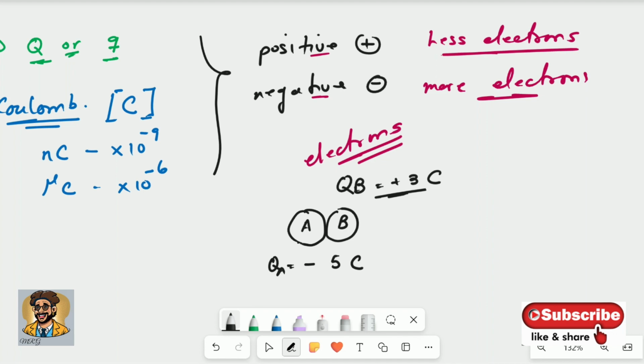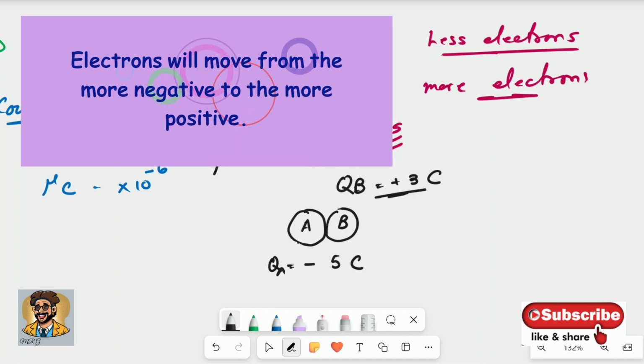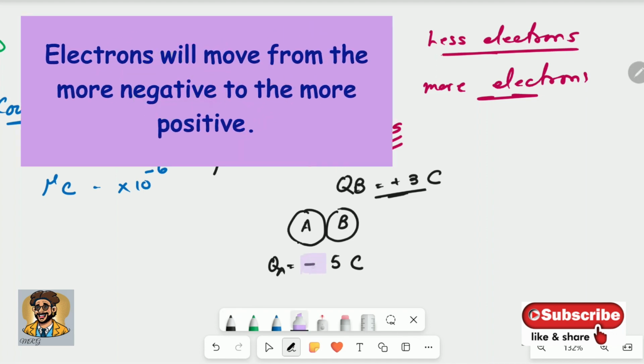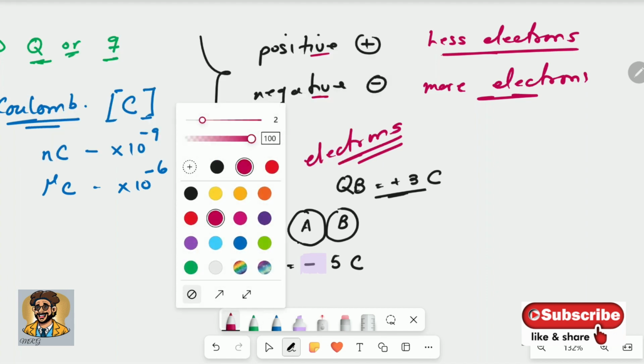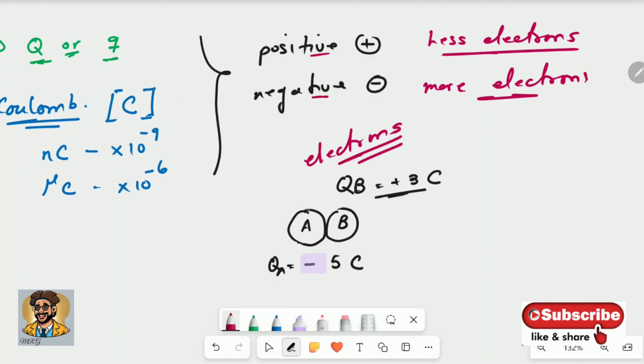From A to B or from B to A? Well, you have to look to see who is more negative. A is more negative than B. It means it has many more extra electrons than B. So electrons are going to be transferred in this specific scenario from A to B. Always the electrons will be transferred from the more negative to the more positive.